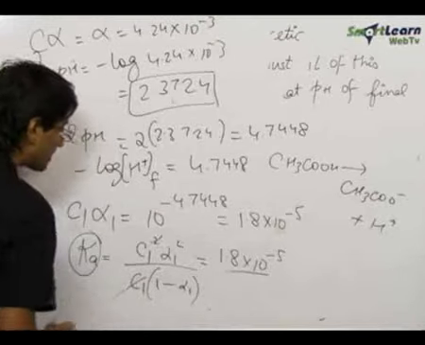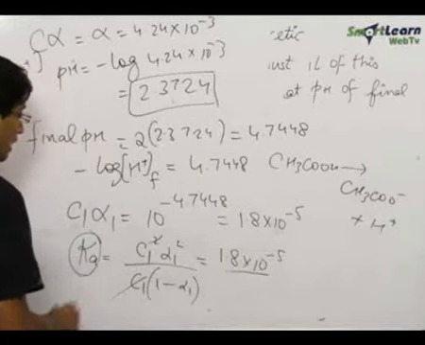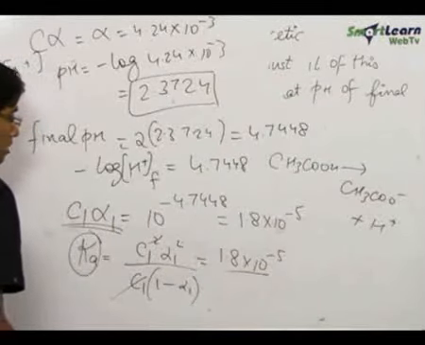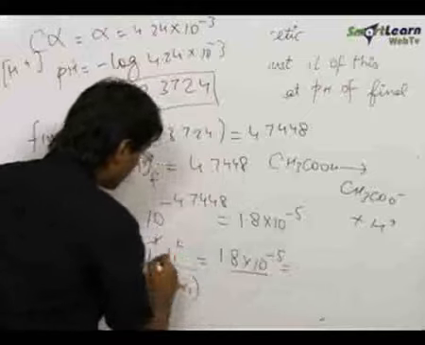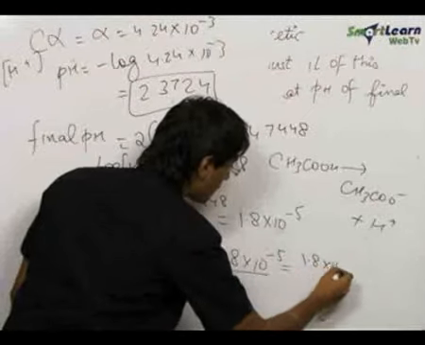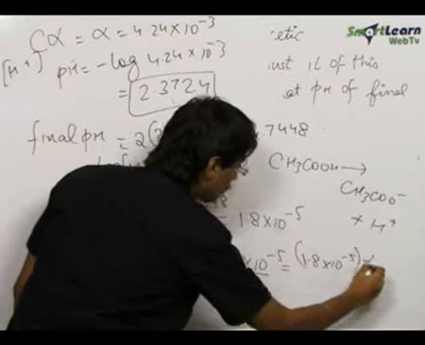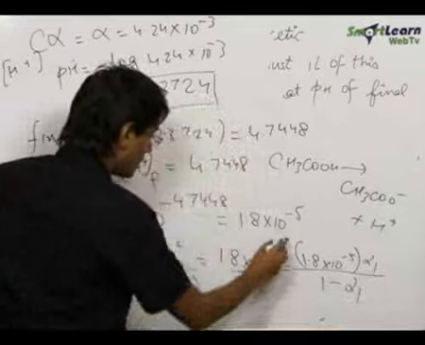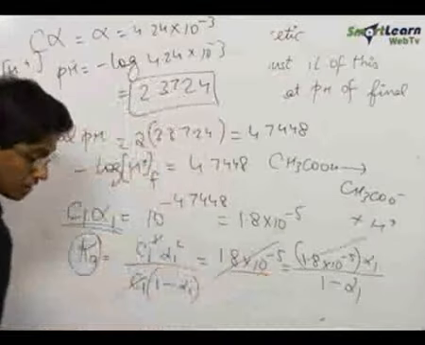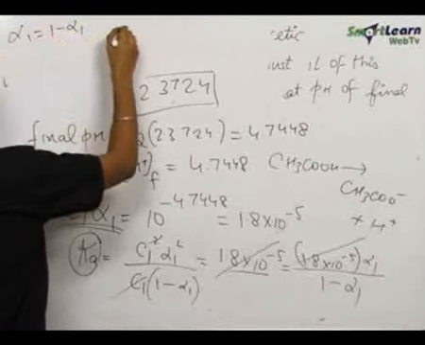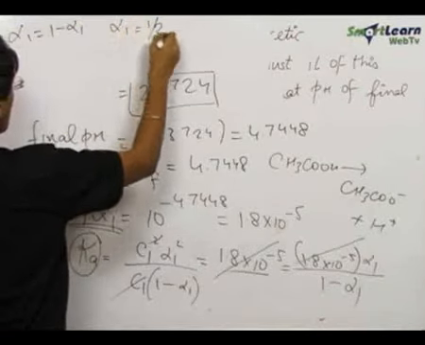This C1 and C1 get cancelled. We know the value of C1 alpha 1 to be equal to 1.8 × 10^-5. So this can be written as C1 alpha 1 into alpha 1, so this can be written as 1.8 × 10^-5 into alpha 1 upon (1 - alpha 1). This gets cancelled. Hence we get alpha 1 equal to 1 - alpha 1. Hence alpha 1 is equal to half.